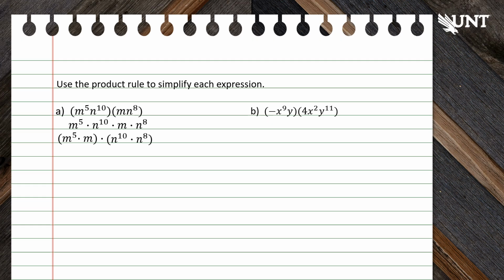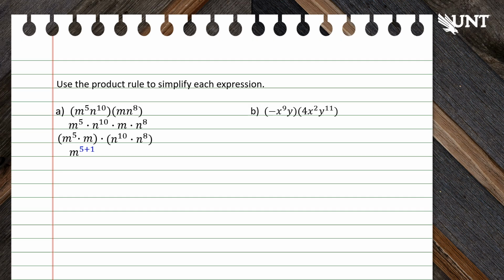Now looking at our first set where we have our m's, notice m to the 5th times m. That's where we can apply the product rule. We have the same base being multiplied, so we can keep the base and add the exponents. So we write it as m raised to the power of 5 plus 1.